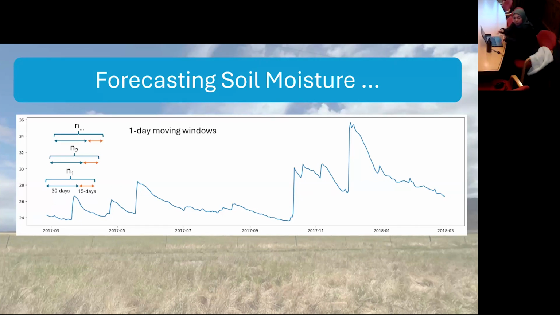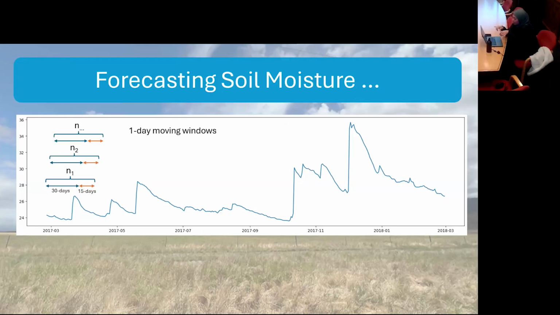So for example, in this graph, we have 1 year of monitoring of soil moisture, and we took one data set as a pair: the first 30 days as the context, and then we use the next 15 days as a target.